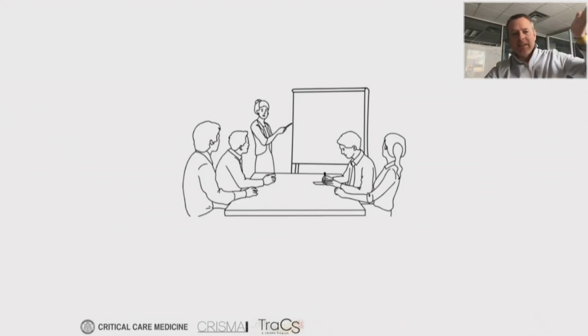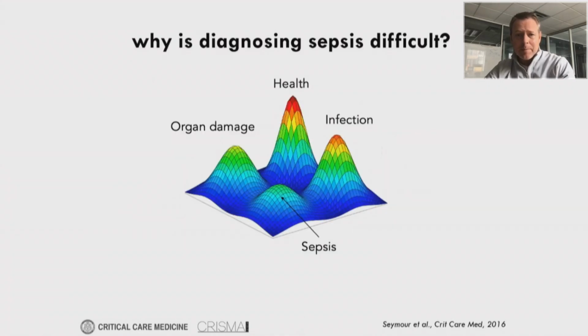So imagine this is a round table of clinicians sitting here trying to understand how to identify sepsis patients. Can we inform our models using clinical insight? Well, that's a challenge, and that's always been a challenge for sepsis, in that we're looking conceptually for organ damage, infection, and to distinguish these from health.